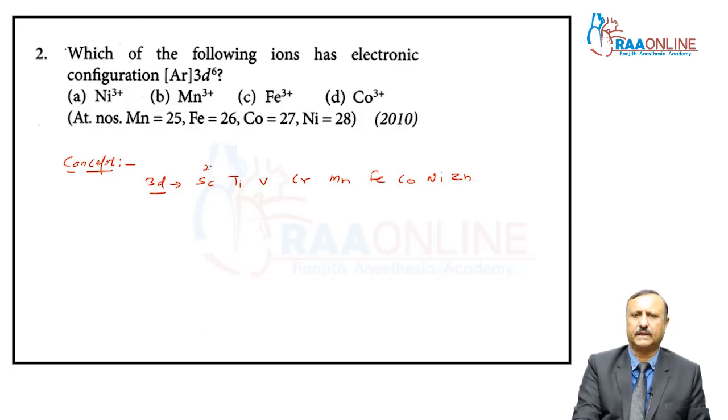Atomic number 21 for scandium, 22 for titanium, 23 for vanadium, 24th for chromium, 25th manganese, 26th iron, 27th cobalt, 28th nickel, 29th is copper, and zinc is the 30th.